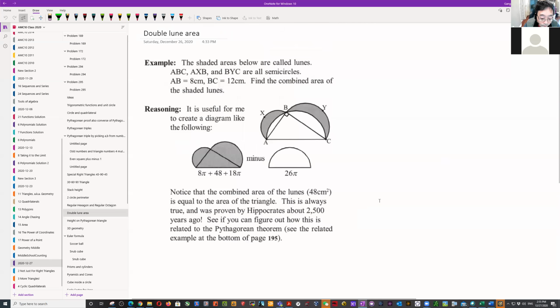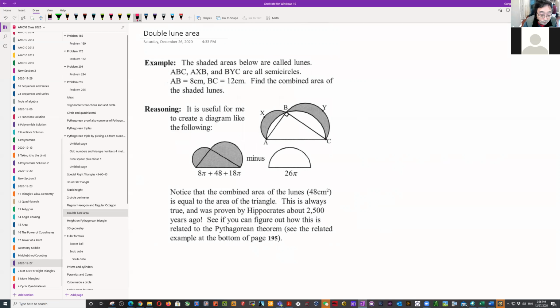Then, there's this fun part of the math, that sometimes the seemingly impossible area actually is easy to calculate. Also the result is amazingly simple.